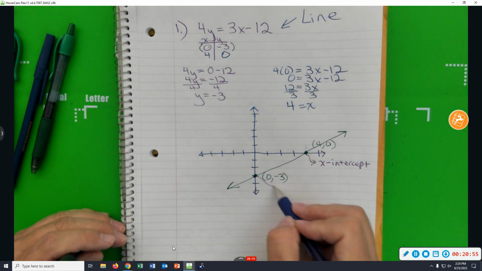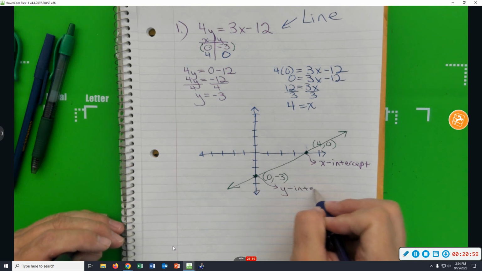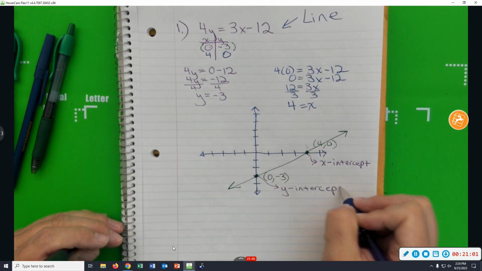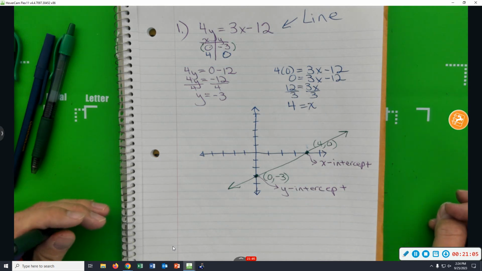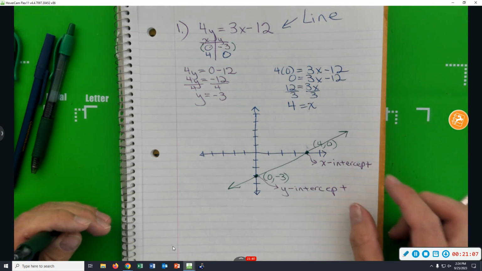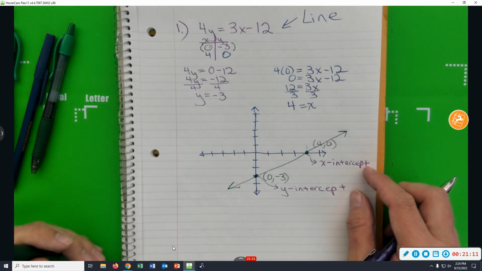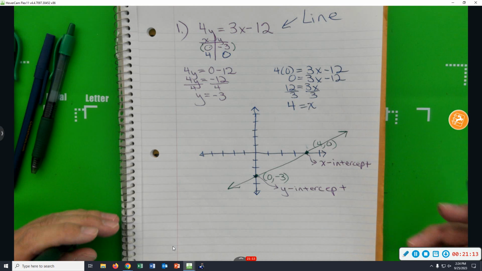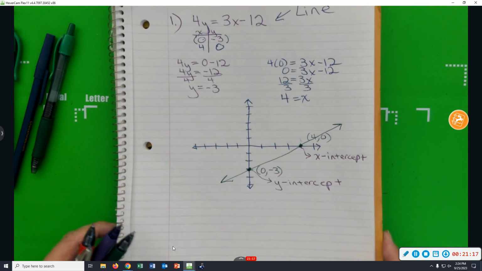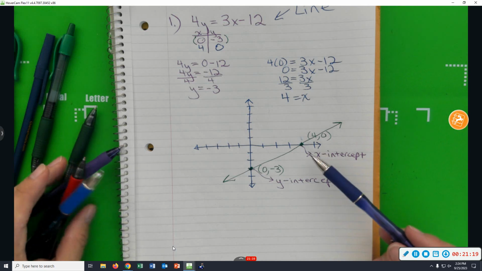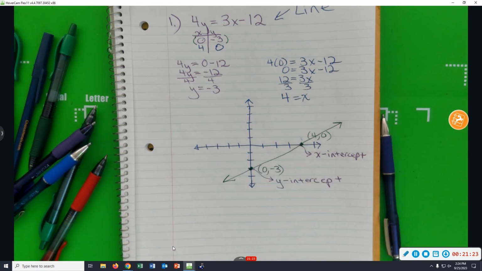This point here is the y-intercept. I don't know whether we'll be using that terminology today or not, but we'll be using it in future assignments, so I wanted to mention it. It's just the point where the graph passes through the respective axes.